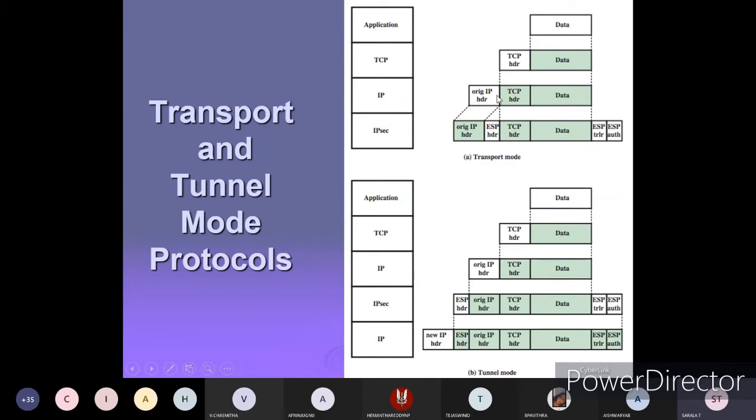After that, you add the original IP header. Then IP security provides the ESP header whenever you are going with transport mode, and the authentication and ESP trailer information will all be present in this IP security protection layer.